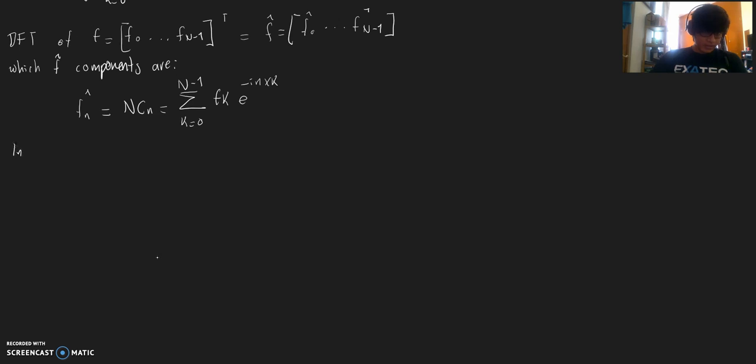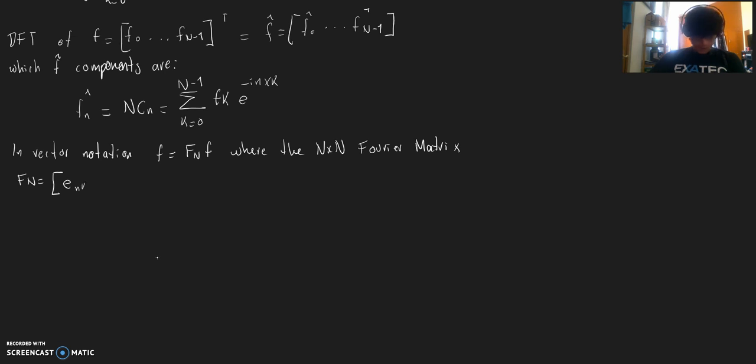Now we can also make these calculations in a vector form or notation, where the function f hat is equal to a new vector, the matrix Fn multiplied by f, where the n times n Fourier matrix Fn is equal to a matrix of the form a of n and k, evaluating the next values, where a of n and k is equal to e to the I n xk.